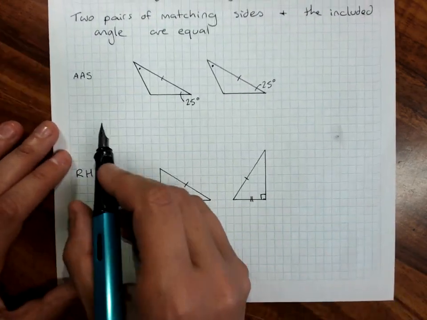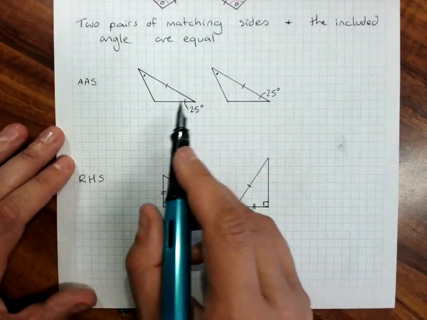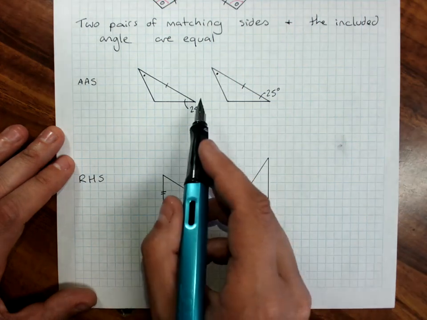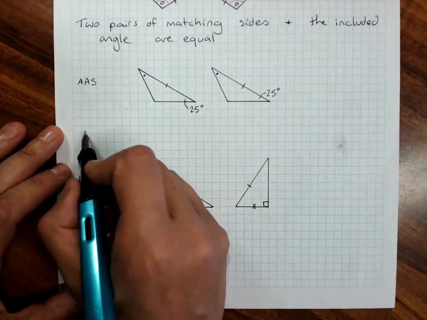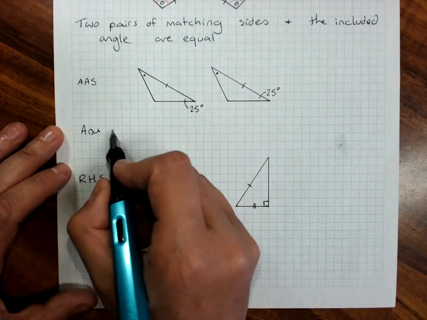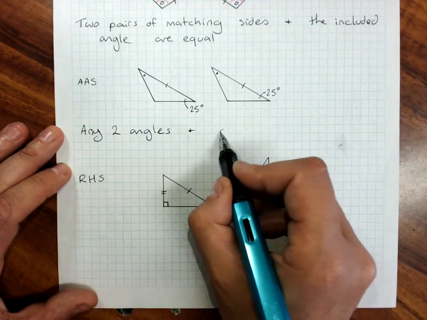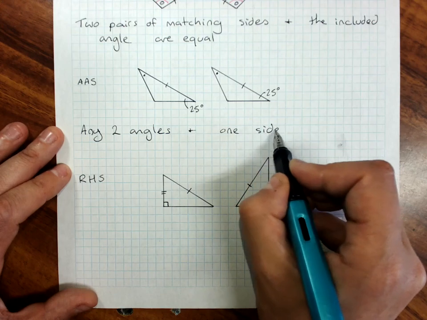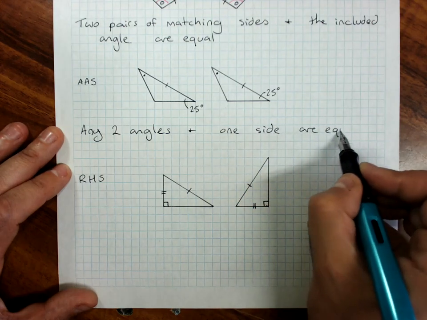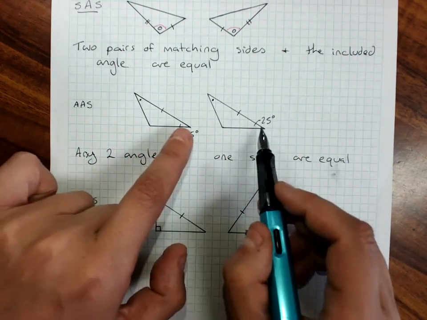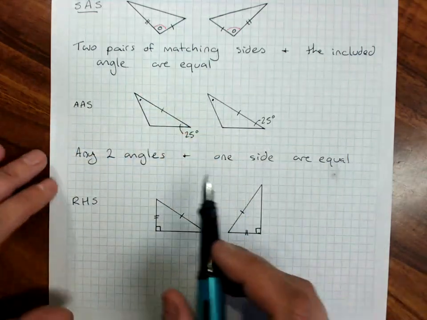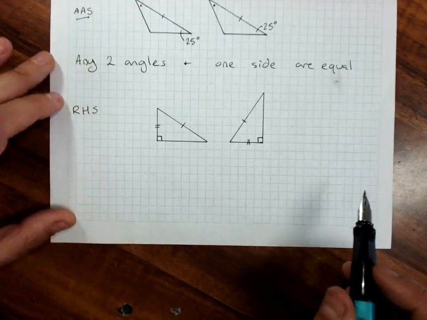Angle, angle, side: any 2 pairs of matching angles are equal and 1 matching side. So those are equal, and 1 side's equal. These are congruent.